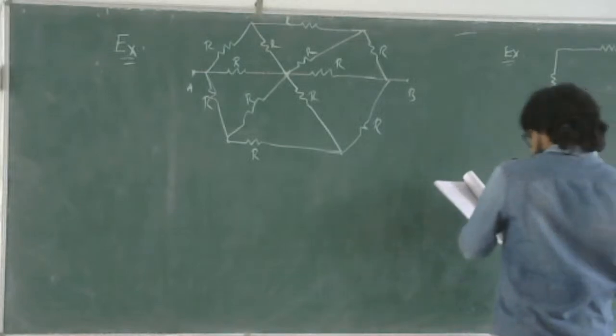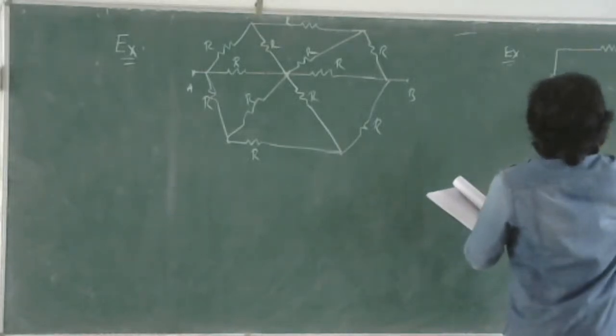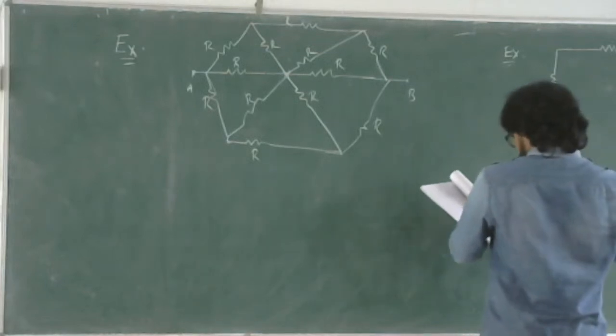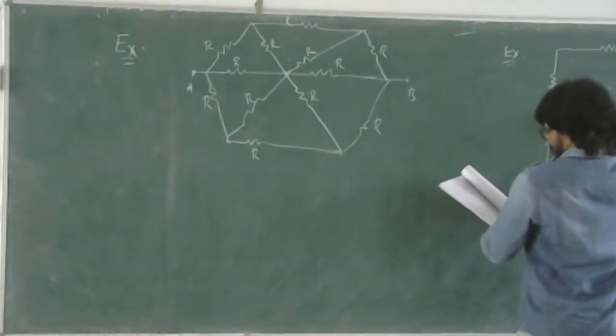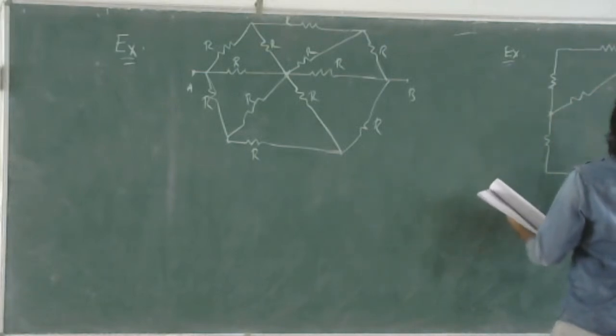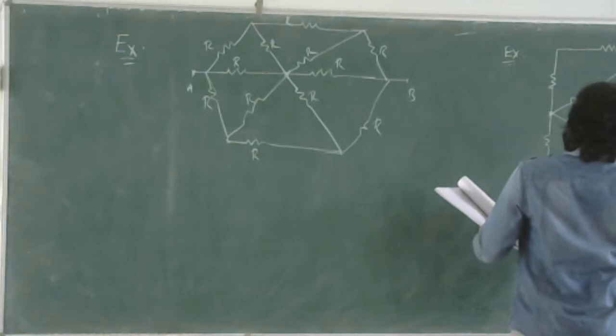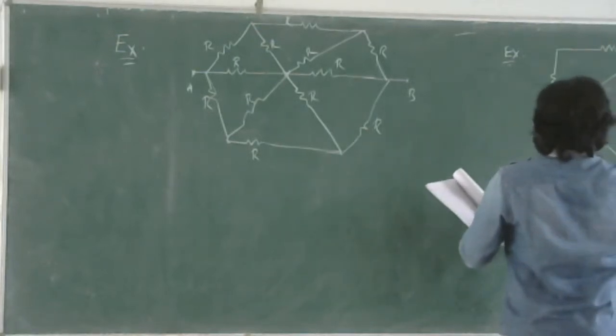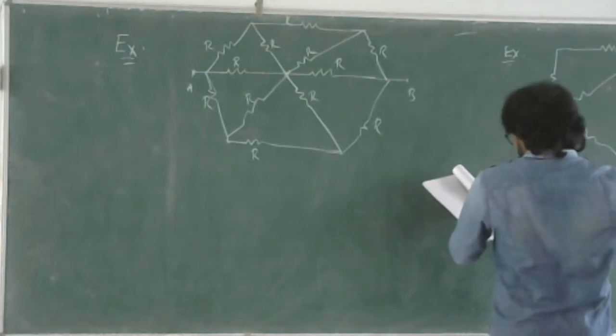In the same fashion. Here, from the midpoints of these, by joining them, we have connected each resistor here like this. And here one more resistor, so that these are all identical resistors.